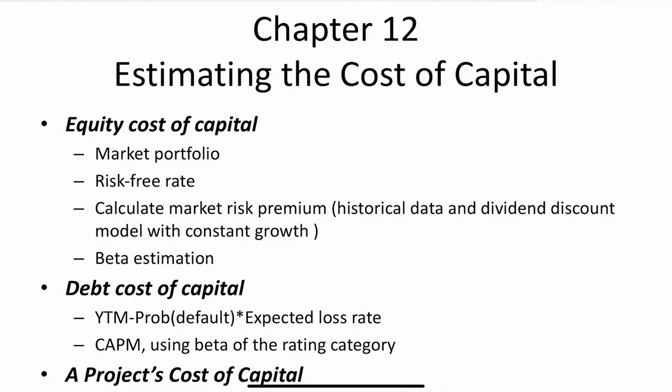And then we discussed how to estimate the market risk premium. There are basically 2 ways. The first is to use past data. For example, if you want to look at the past 20 years of average market returns, then you could use this average market return as the estimate of the market risk premium.